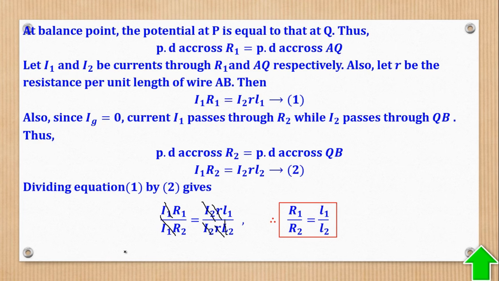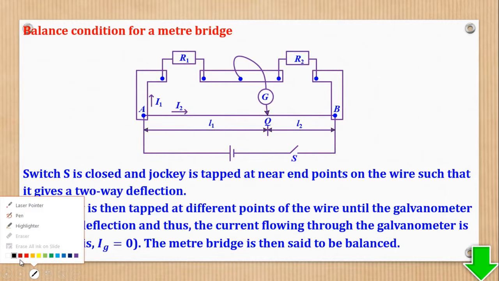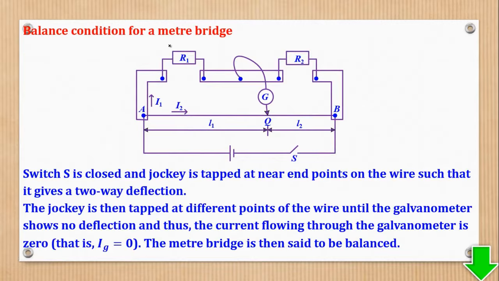So how is it connected in the diagram? In the diagram, what is here divided by what is here will be equal to this length divided by this length. The order matters.